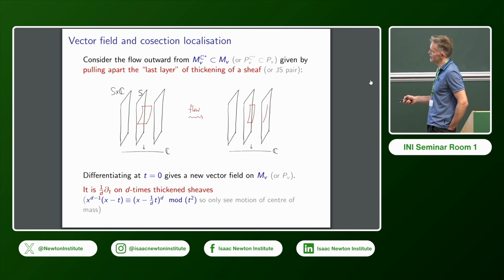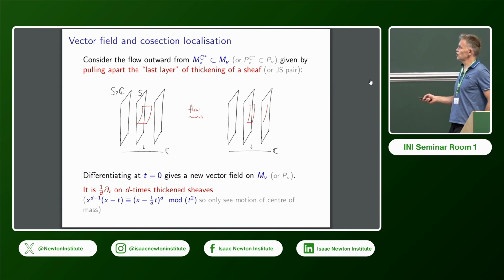So this is the equation cutting out this picture. So you have a d minus 1 thickened fat point and a single point at x equals t. And to first order in t, that is the same as this, which means you've got a d times thickened point, but you've just moved it, you've translated it 1 over d times as fast. Okay?